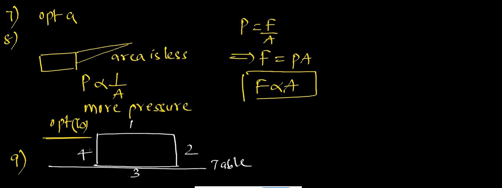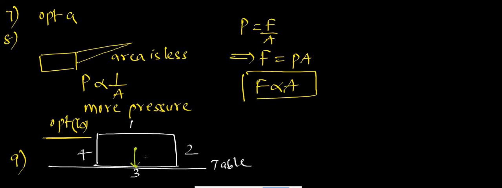Let us see the third face of the block is kept on the table. Now what happens here? Same thrust. Obviously same thrust will be there because thrust is a perpendicular force acting on the body. Weight will be acting downwards and at this point we will have a thrust.